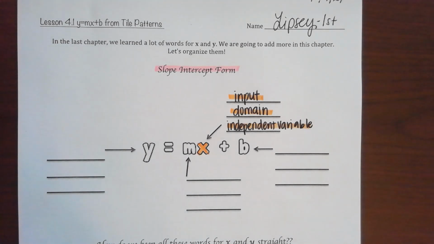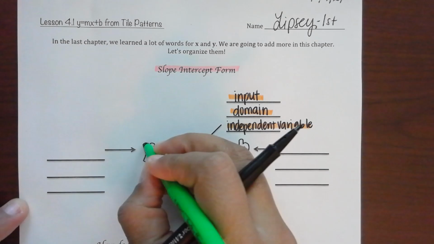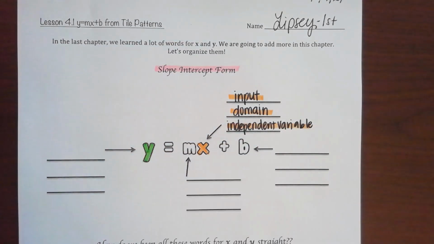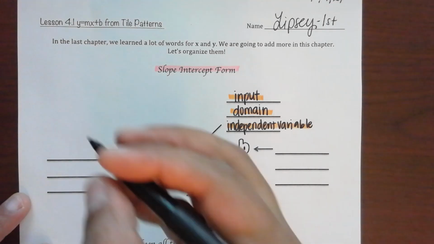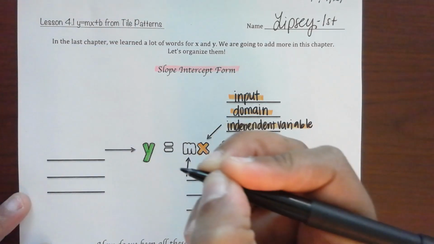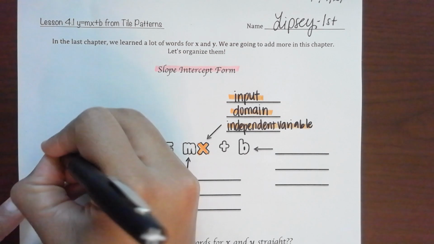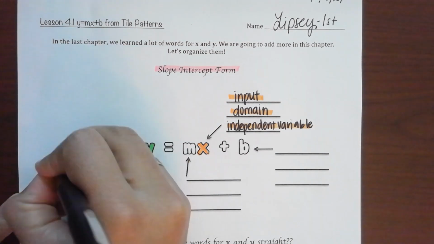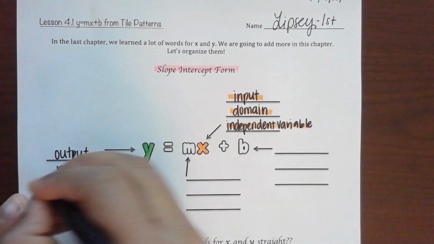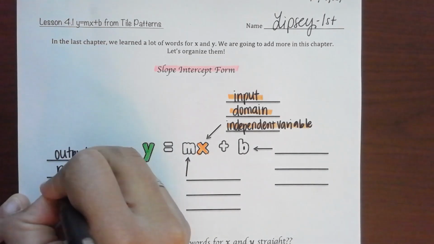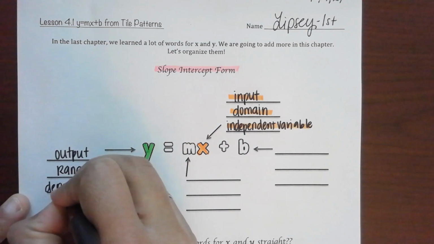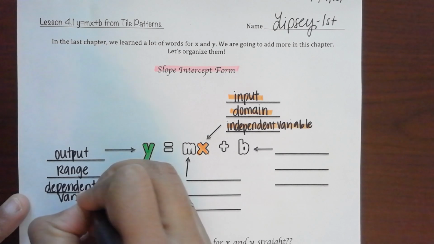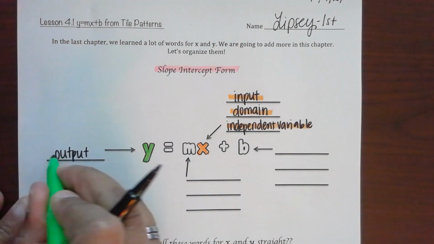For every x, there should be a y. What do you think the names for y are? Output, range, and the dependent variable, right? Great job.